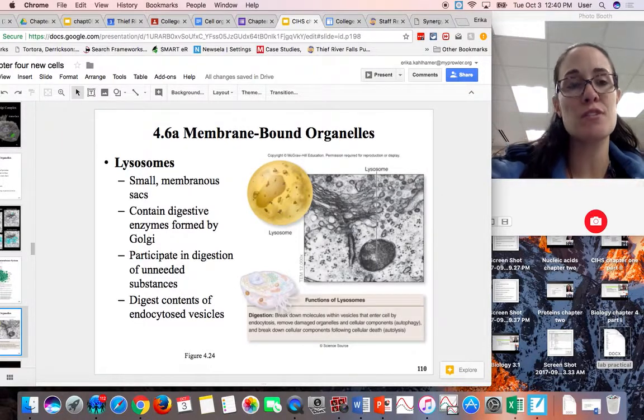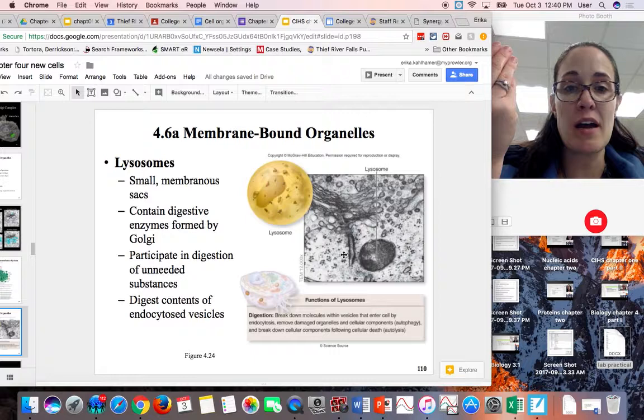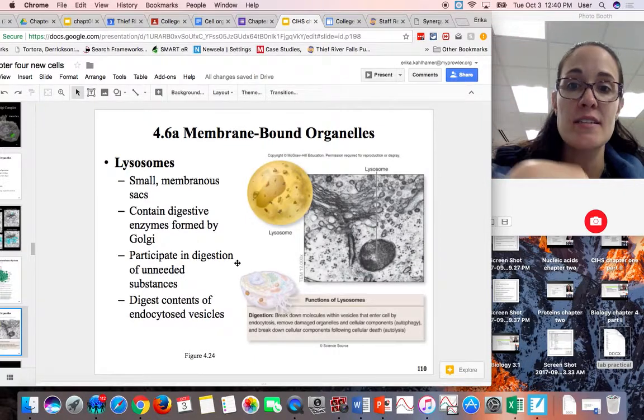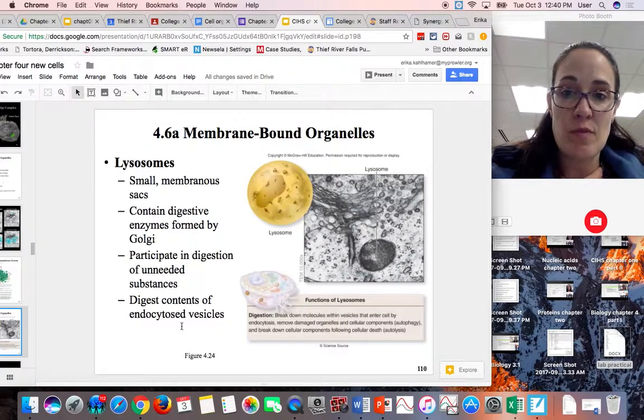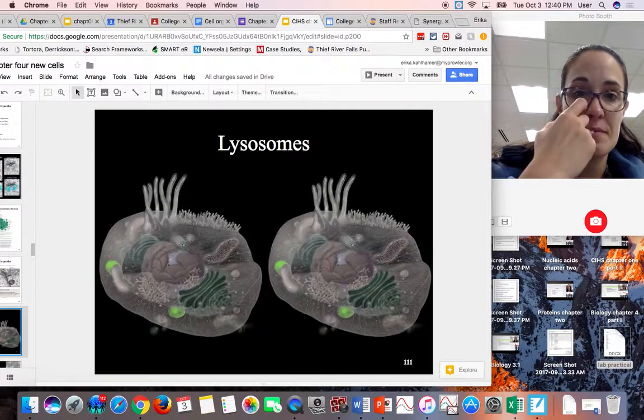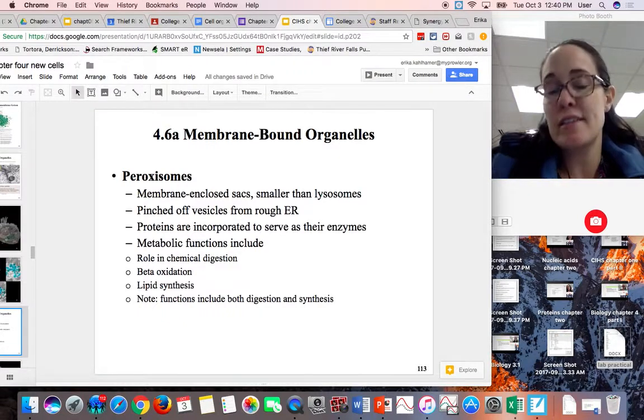The lysosome is a circular, sac-like structure. It contains very important digestive enzymes. When these enzymes are combined with certain parts of the cell or certain things brought into the cell, they digest them. These are like the garbage disposals of a cell. There we can see where lysosomes are located. Peroxisomes are very similar to lysosomes.